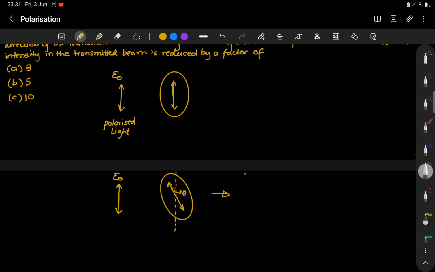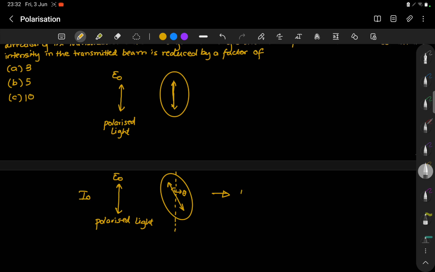In this case, let us say the input intensity is I0 for the polarized light, and this polarizer is there in which the transmission axis is making angle theta with respect to E0.